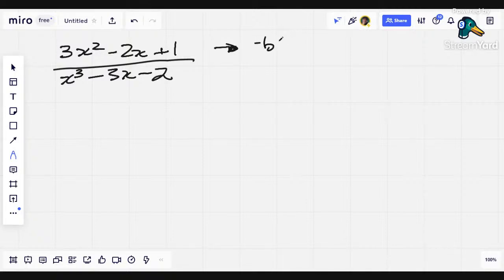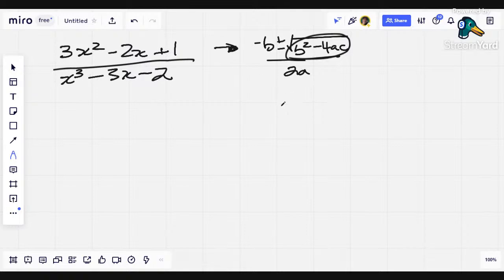If you know the quadratic formula, negative b plus or minus the square root of b squared minus 4ac, all over 2a, we're just going to check this bit in the middle, the discriminant. It's a factorability test. We're going to see what kind of factors we can get.